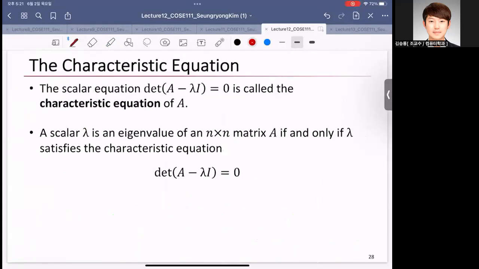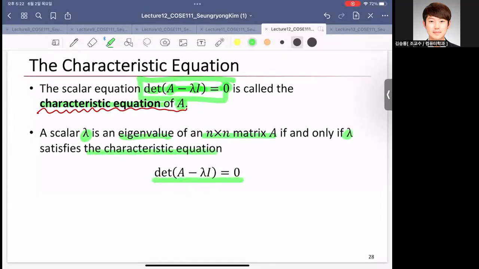So in this case, the scalar equation determinant of A minus lambda I equals 0 is called the characteristic equation of the matrix A. This is the characteristic equation of matrix A. In other words, a scalar lambda is an eigenvalue of an n by n matrix A if and only if lambda satisfies the characteristic equation, defined as the determinant of A minus lambda I equals 0.